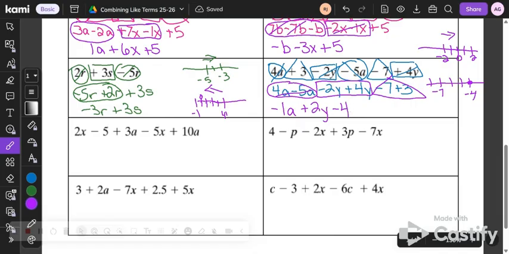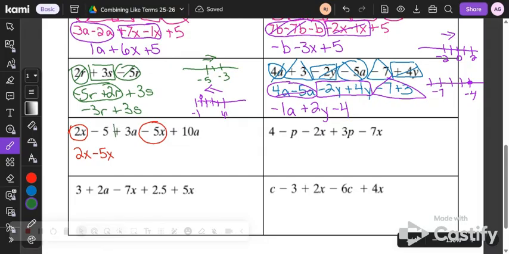All right, on the next ones, I'm just going to go through helping you identify, and I want you to practice them on your own. 2x minus 5x. Those are our like terms, so when you rewrite them, you'll rewrite them as 2x minus 5x, and they can be combined. They cannot be combined by adding or subtracting to any of those other terms.